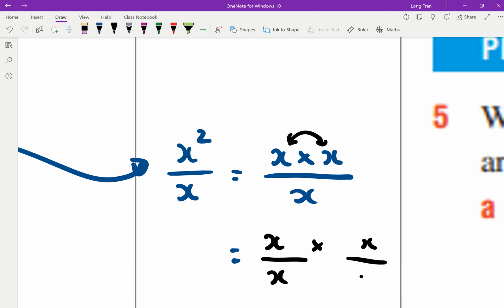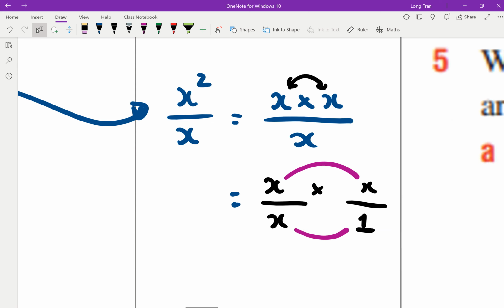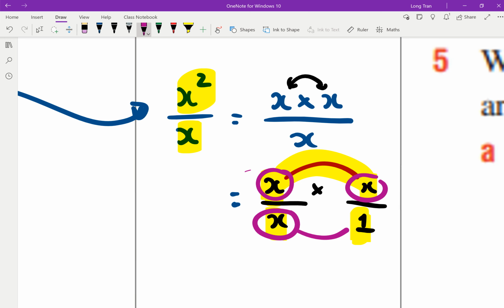You see that? If you actually tried combining these two fractions, x times x and x times 1, can you see x times x will give you, I'm going to highlight it, x multiplied by x will give you x squared, and then x times 1 is x. So you can see here why my teacher was saying that if you only had one x on the bottom and you had 2 x's on the top, when you divide them, of course, only one of them is going to cancel out.